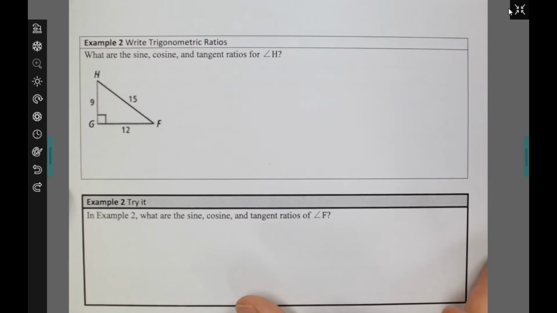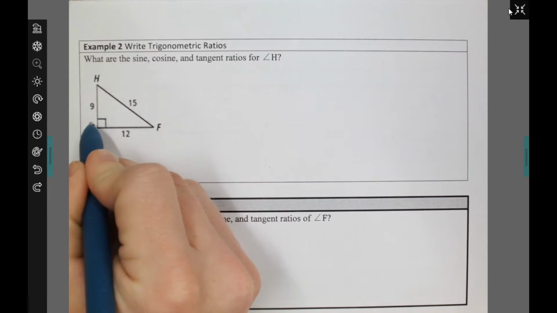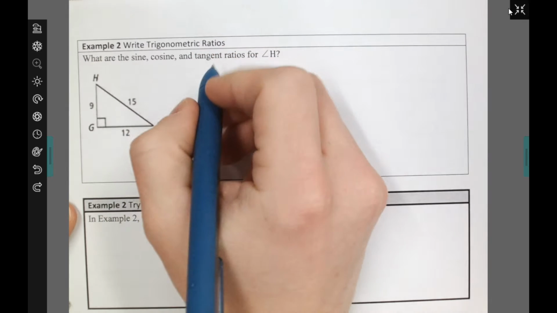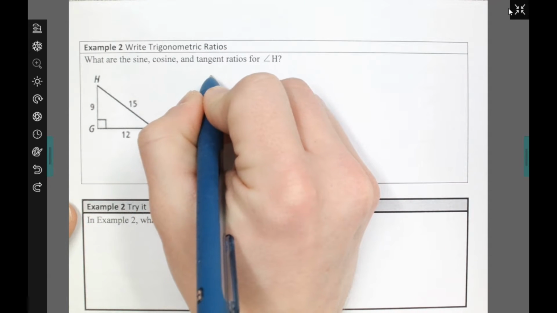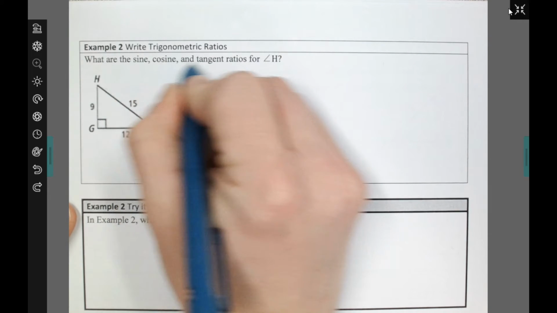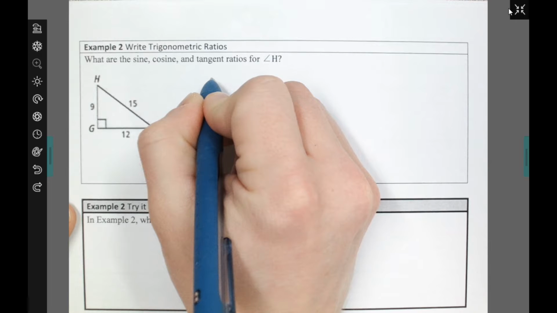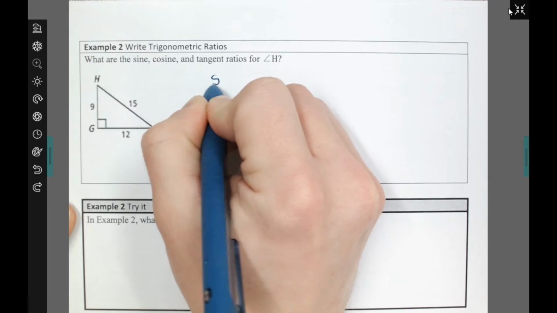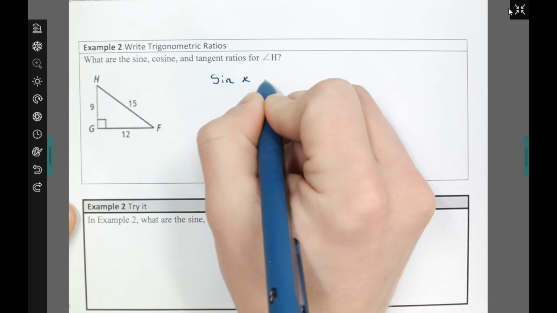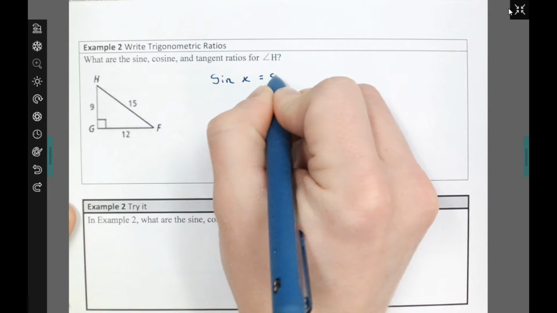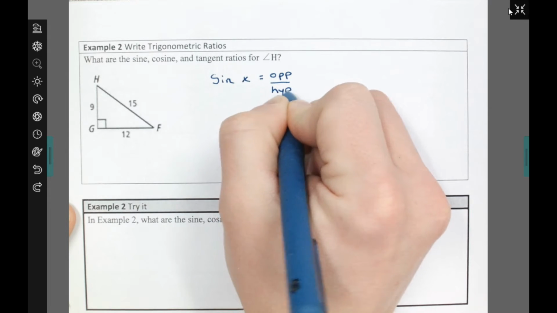So here's the deal. When you have a right triangle, we have these trig ratios that we can use. They're called sine, cosine, tangent. Every single time, the sine of an angle, I'll say x, sine x is equal to opposite over hypotenuse.